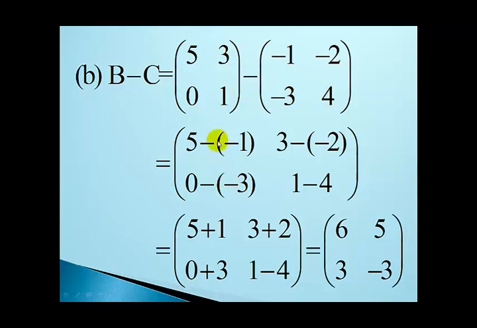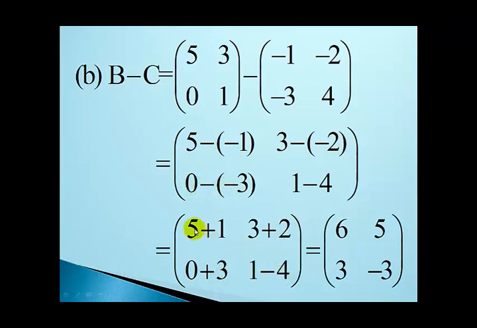Now, the constant coefficient of the bracket here is 1. So we have minus 1 times minus 1. That will give us plus 1. So we have 5 plus 1. The same thing is happening here. So we have 3 plus 2. We have 0 plus 3. We have 1 minus 4.